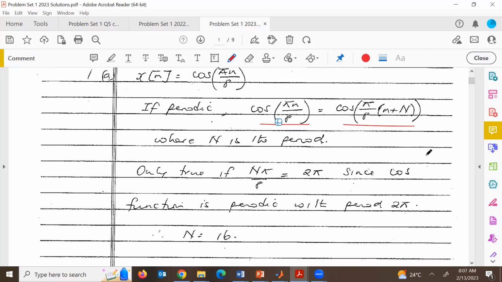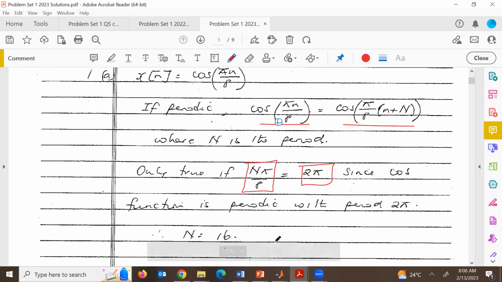So if you look at this, cosine pi n over 8, or 0.125 pi n, I am supposed to find, if I change n to n plus some number, then for this to be true, it means that this is only true if n pi over 8 is a multiple of 2 pi, because we know cosine or sine repeats itself after a period of 2 pi radians.